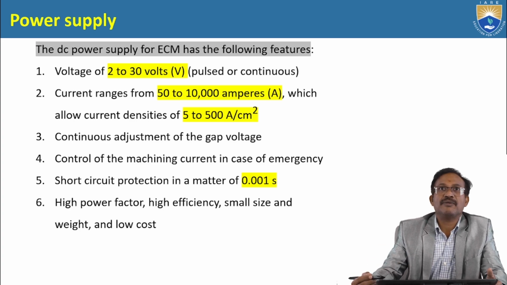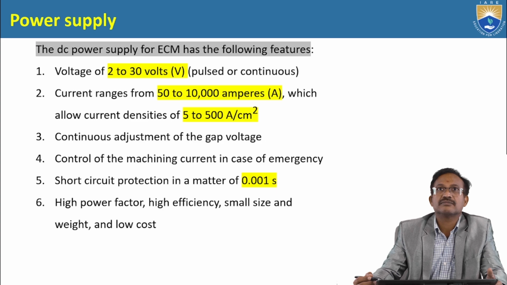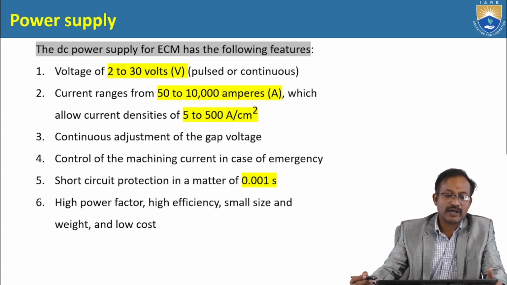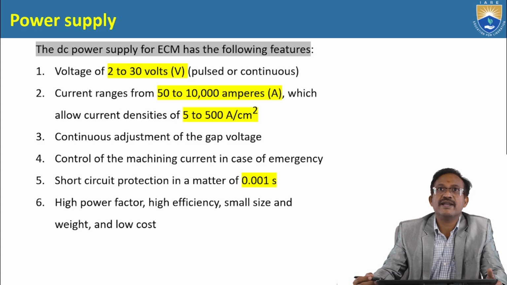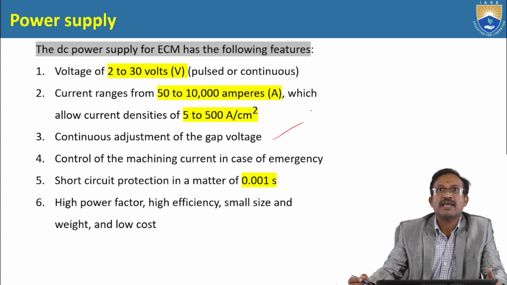Second, current ranges from 50 to 10,000 amperes, which allows current densities of 5 to 500 amperes per square centimeter. Third, continuous adjustment of the gap voltage.